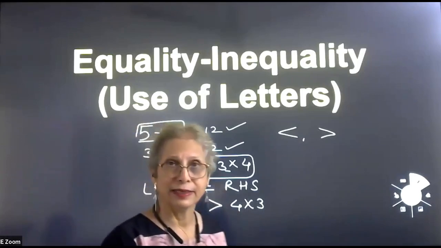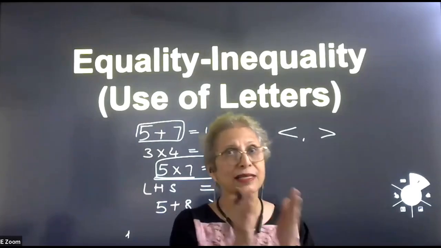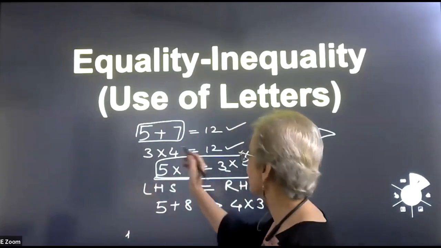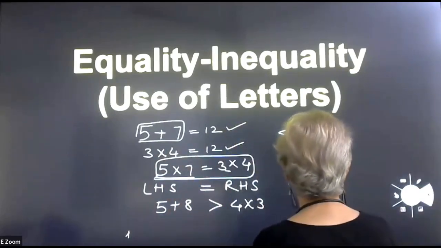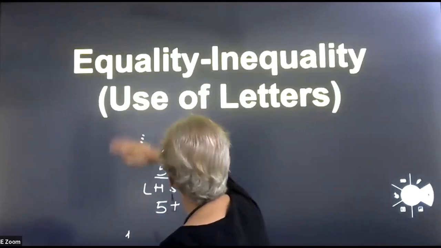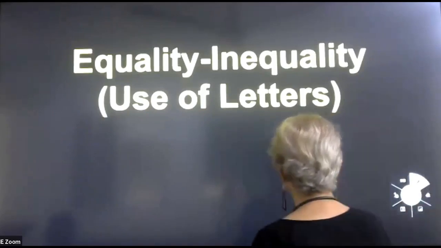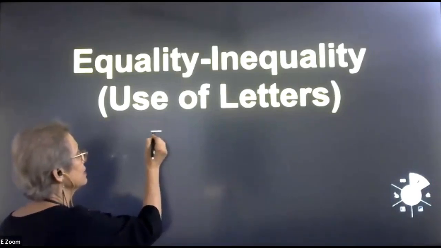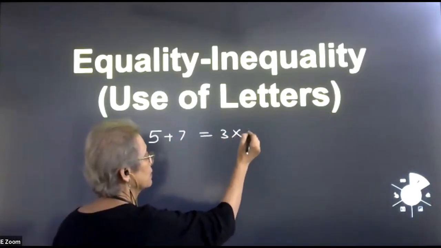Now in an equality, both the sides are equal. And that is why whatever we do on LHS, the same function is to be done on RHS. Right? For example, see, our equality was 5 plus 7 equal to 3 into 4.